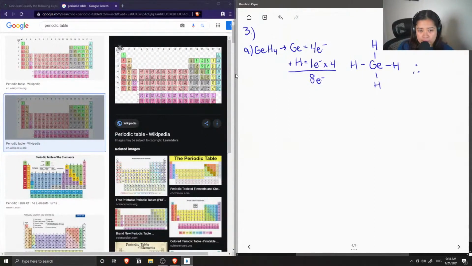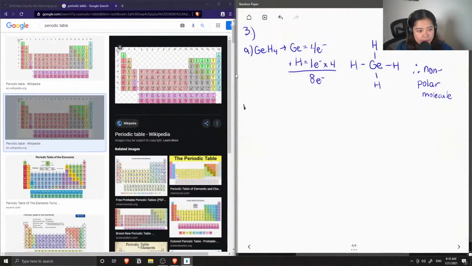So therefore, this molecule is nonpolar. I didn't even need to calculate electronegativity. Just the fact that it's a symmetrical molecule, I could say that this is nonpolar, because even if there was a difference, they would all just cancel each other out.